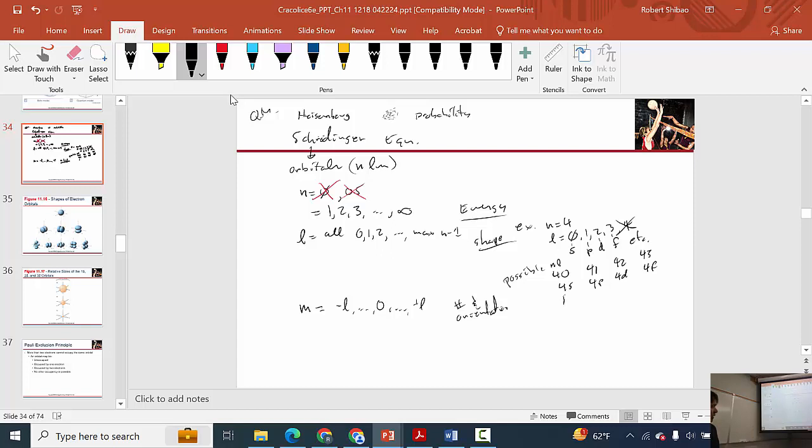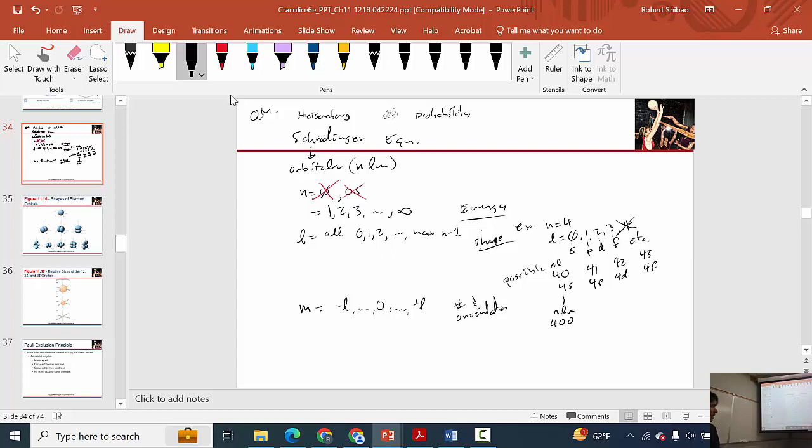I only have one possible m value, and that would be 0, because going from minus 0 to plus 0 is just 0. And so if I look at n, L, and m, I'm going to have 4, 0, 0 here.